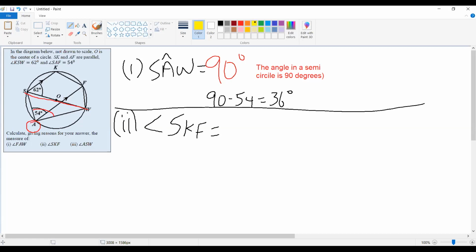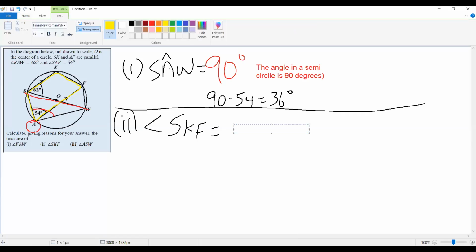So let's see, SKF, it forms part of a quadrilateral. So therefore we know we are using the theorem that relates to a quadrilateral, which is theorem 6, right? Which says that the opposite angles of a cyclic quadrilateral are equal.